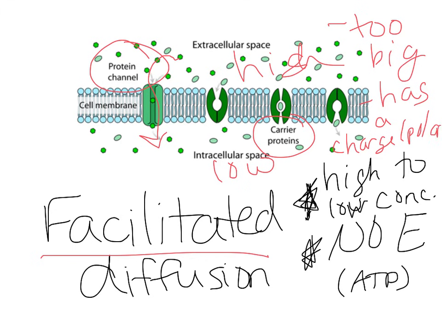And so it needs some help to get across that cell membrane. And so it will use either the carrier protein or the protein channel to get across the cell membrane.